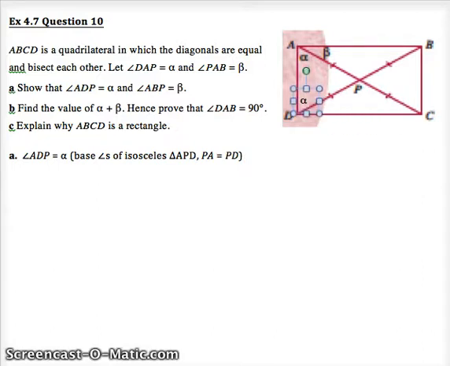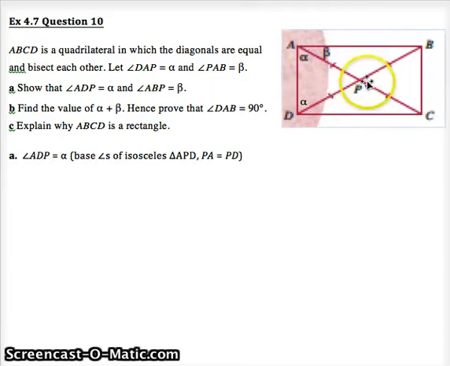Now similarly we can look at triangle PAB. We can see we've got two equal sides, AP equals PB, making that an isosceles triangle. So therefore the base angles of that isosceles triangle are equal as well. So angle PAB is equal to angle PBA, which equals beta.